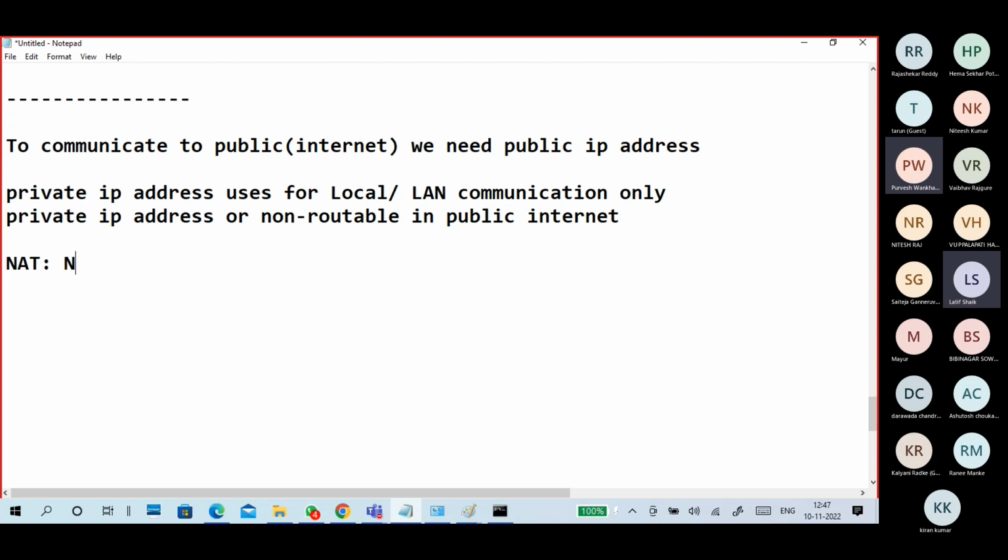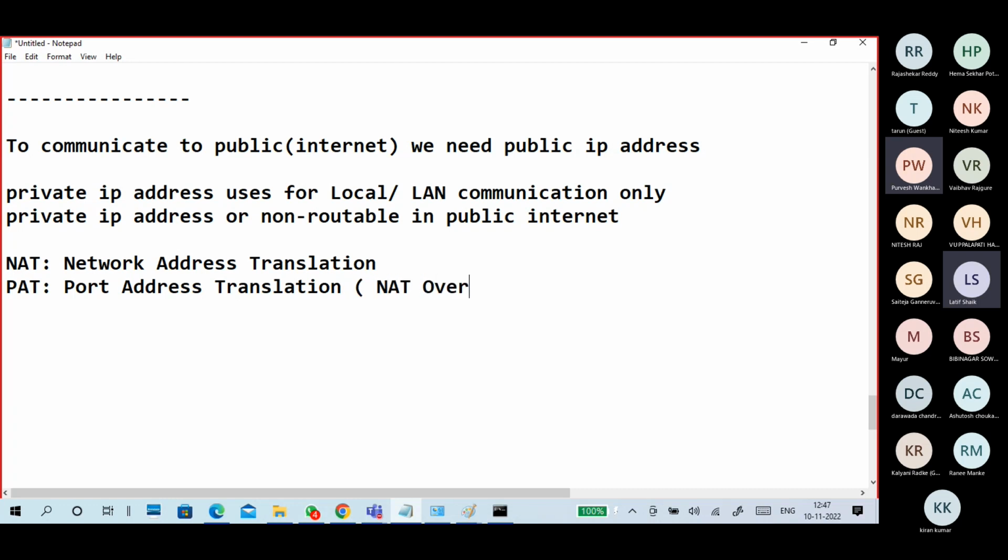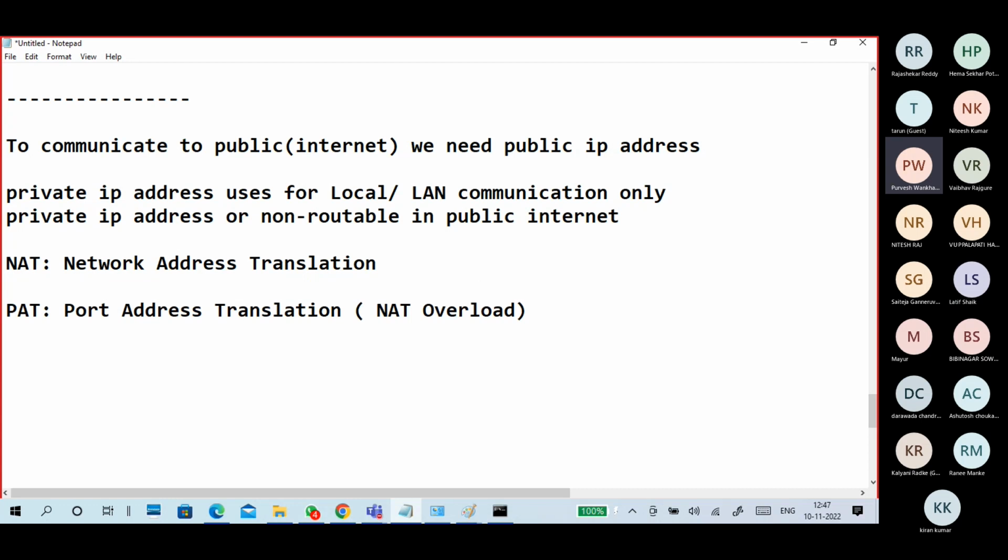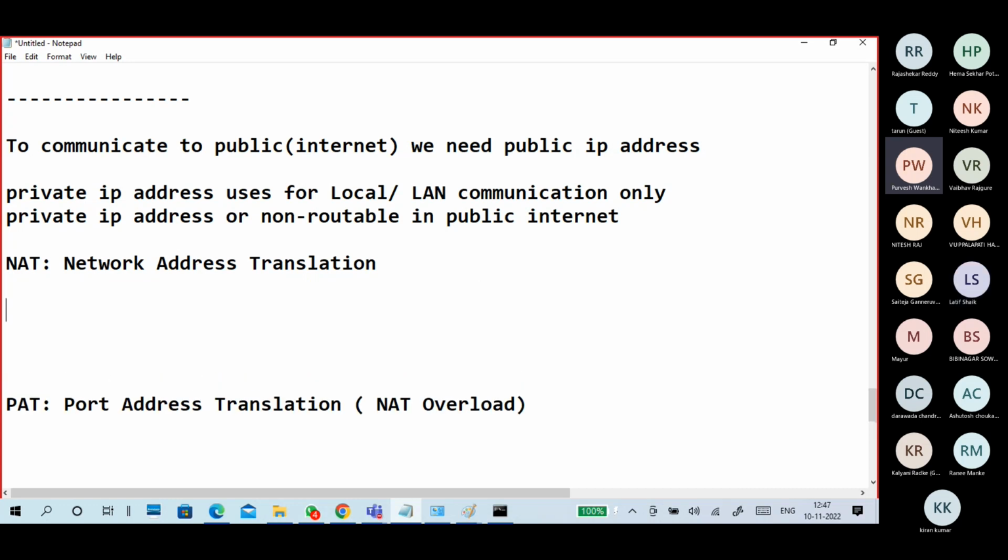NAT. What is NAT? Any idea? Anyone? I am asking you guys and you are not speaking anything. Network Address Translation. Very good. Port Address Translation is also called NAT overload. So what is the use of this NAT?